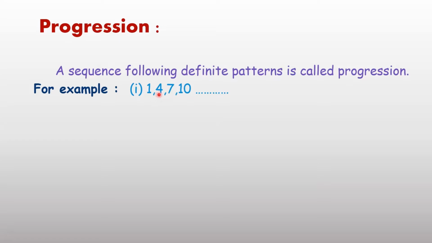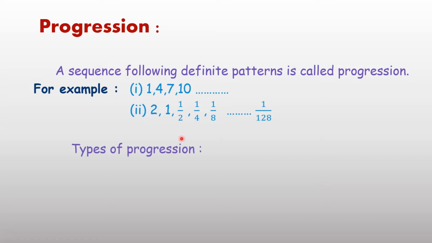You are getting the next number by addition of 3. Here, by dividing, you are getting the next number. It implies a sequence is known as a progression if it follows a definite pattern. And what is a definite pattern? Between two consecutive terms, a rule is there, and the rule is for addition, subtraction, multiplication, or division.